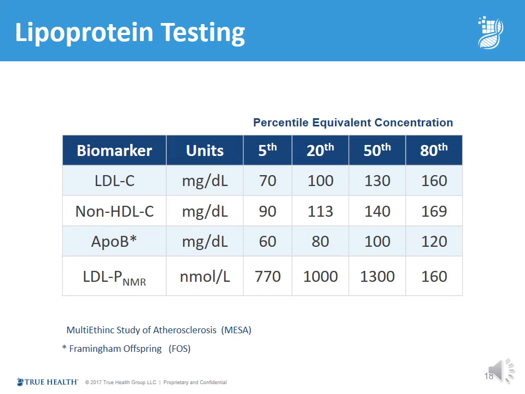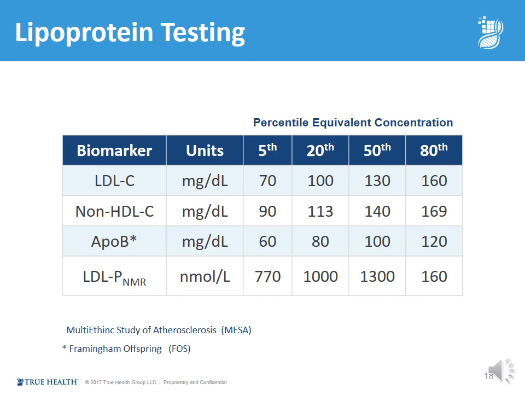The last topic to discuss is concordance and discordance. You can have somebody whose LDL cholesterol is down around the 5th percentile, which seems spectacular, yet their ApoB or LDL particle count could be significantly higher, in the 50th or 80th percentile. Those two markers, which typically correlate, would be said to be discordant.